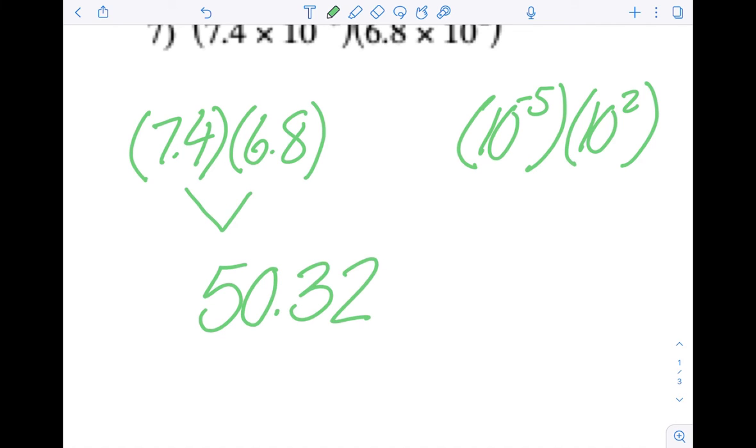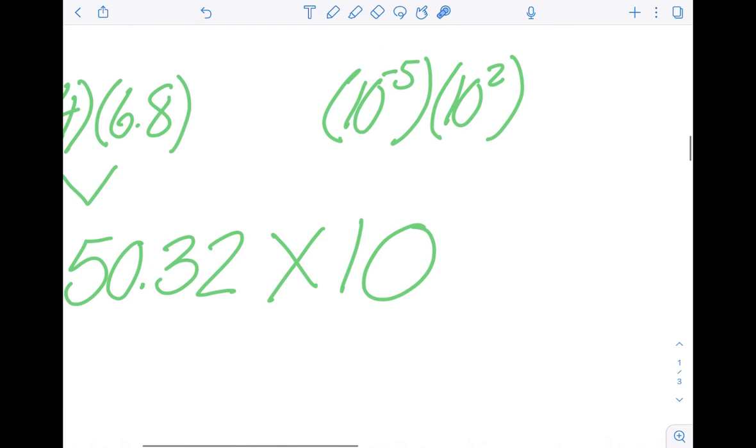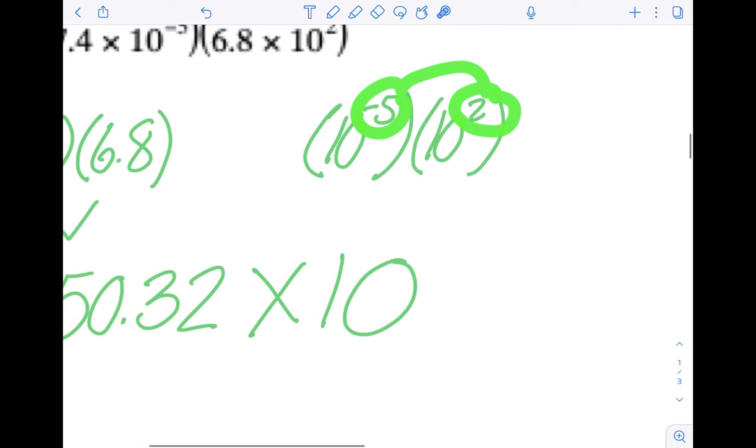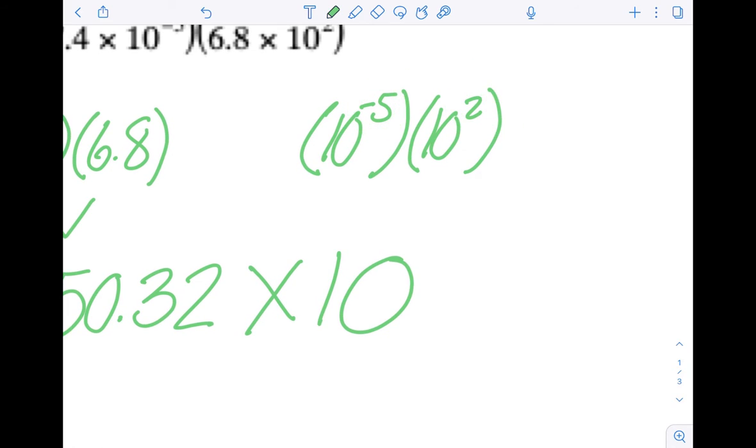50.32, right? Times 10 to the, with the same base multiplying, it means we add negative 5 plus 2. They're different signs, so I subtract: 5 minus 2 is 3. 5 is bigger and 5 is a negative, so I get negative 3.